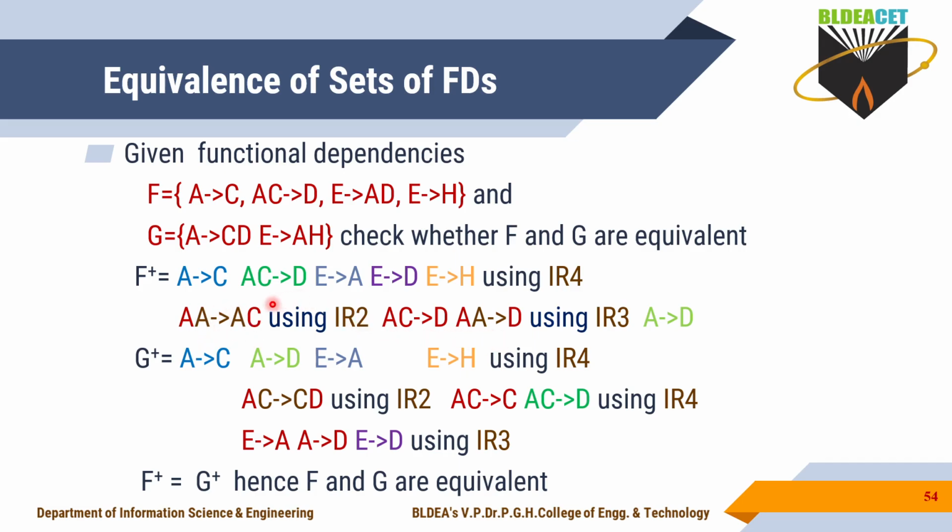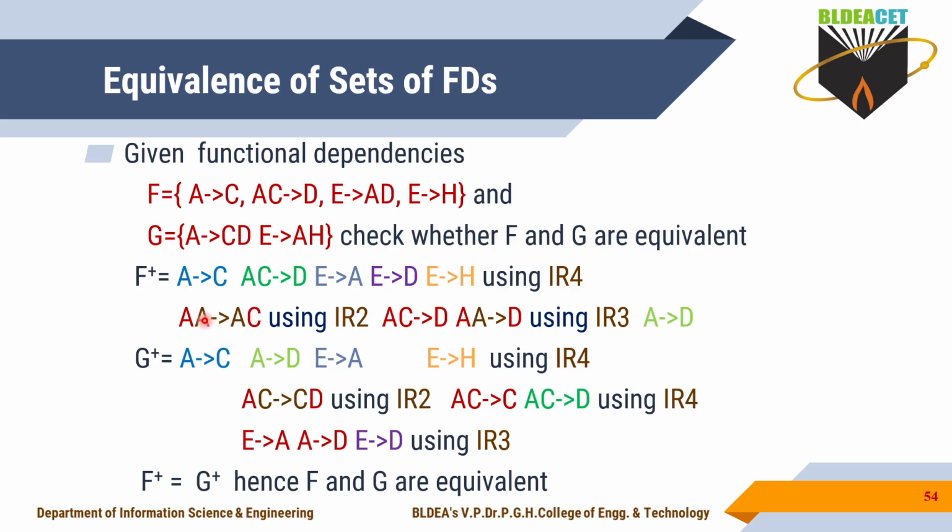So this is A determines AC, and AC determines D is already given. I took that here too: AC determines D, and so AA determines D. How did I get this? Here you see AA determines AC and AC determines D. We have one more inference rule, the transitive rule.